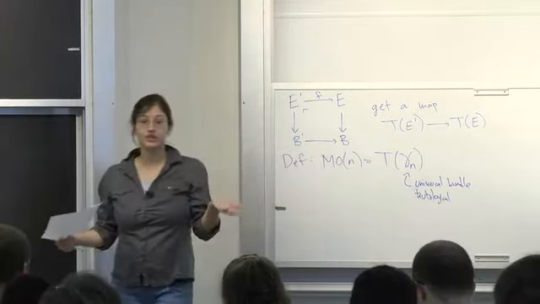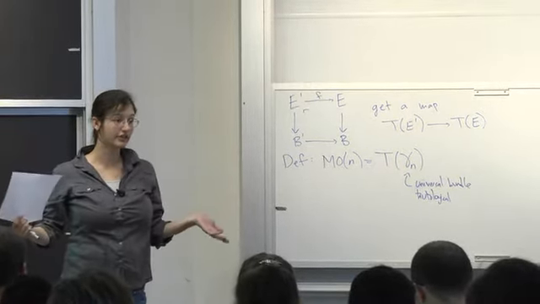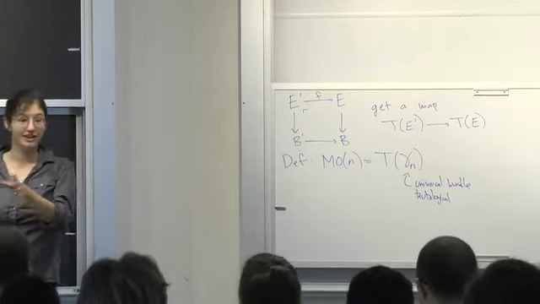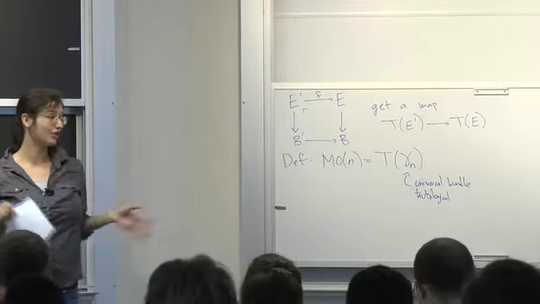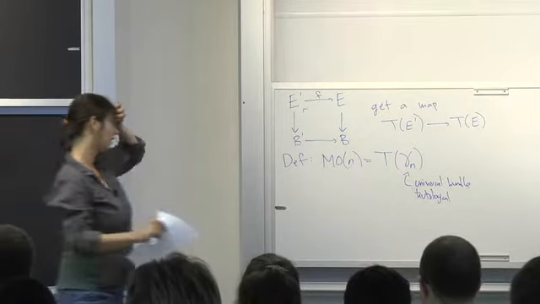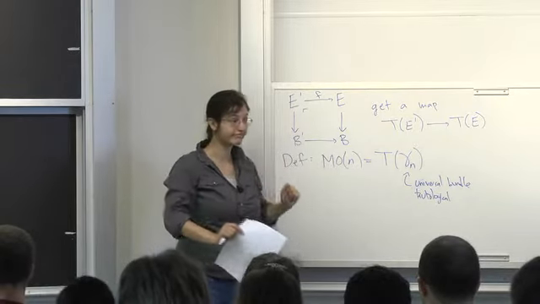MU(n) is T of the tautological bundle on the Grassmannian of complex planes. And in general, if you have M something something something, it's the Thom space of the tautological bundle associated to those kinds of vector bundles. So those are what the M's mean.